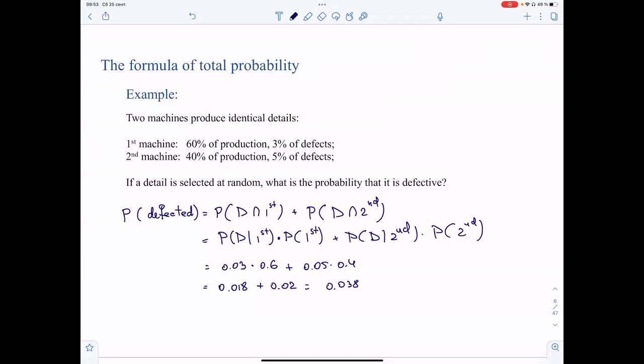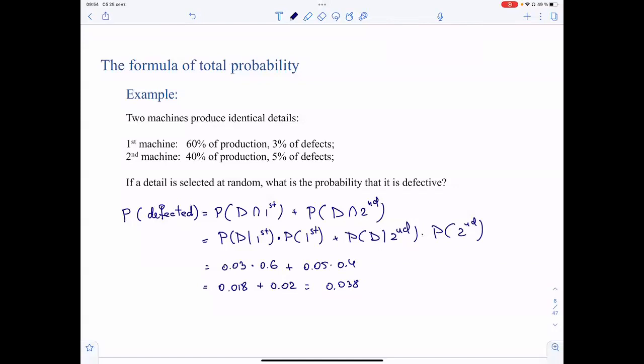The probability of the defected detail is slightly less than 4%. And voila. So here we applied a very nice formula to evaluate the probability of the event that just one randomly picked detail appears to be defective.